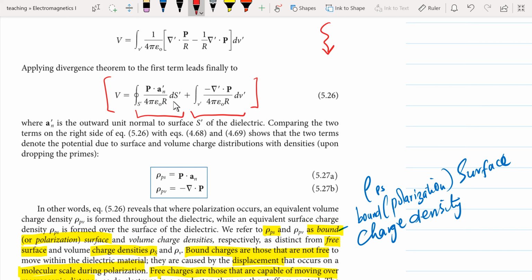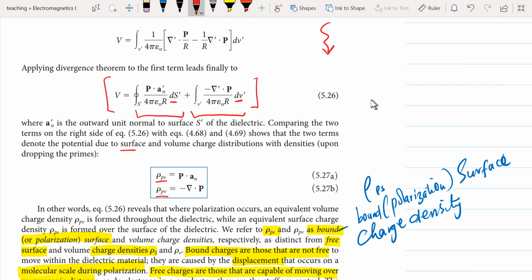One term is the integral over the surface, the other term is the integral over the volume. We are saying that these two terms denote the potential due to surface and volume charge distributions with densities rho PS and rho PV.